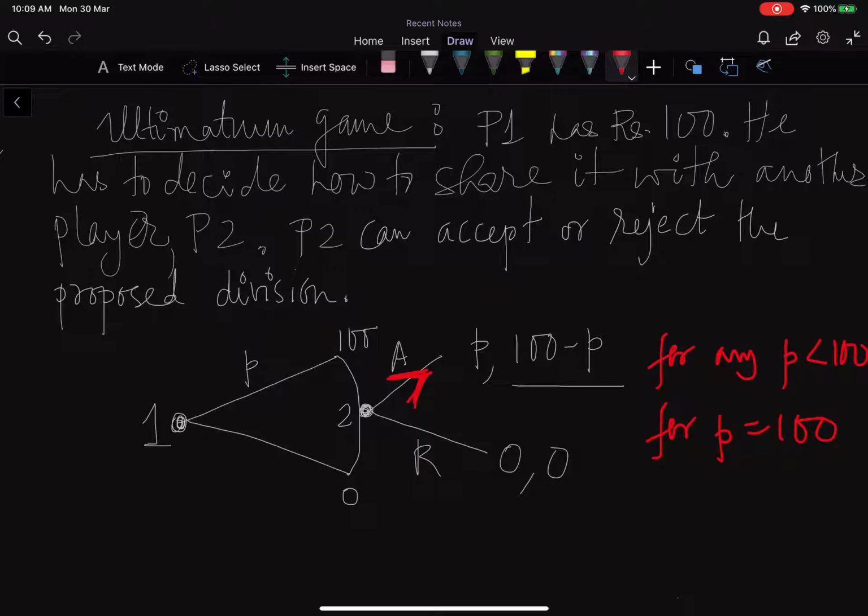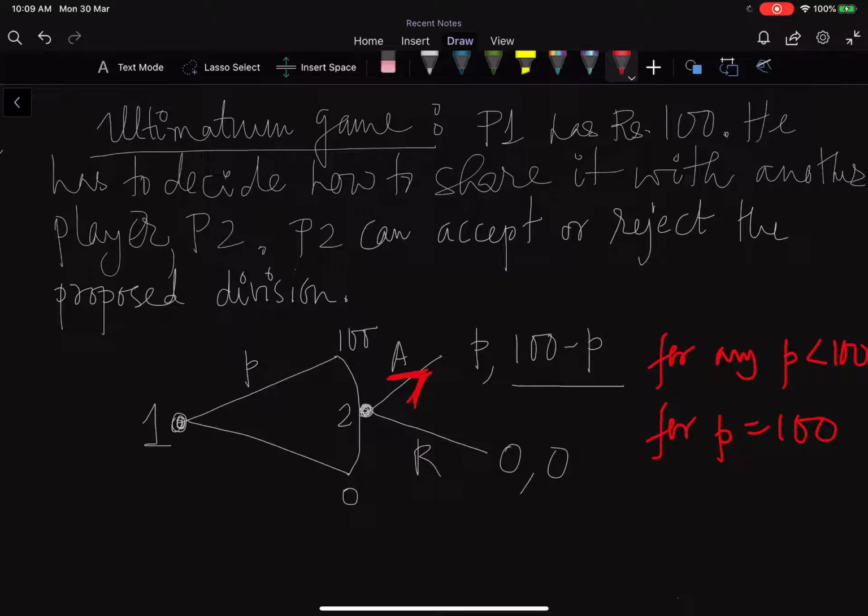If the game was a discrete game, meaning that suppose you can only pay in units of rupee 1, so either you pay rupee 1 or rupee 2 or rupee 3 up to rupee 100, then it's fine.